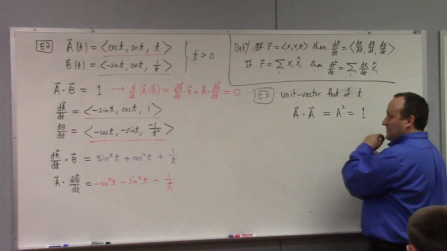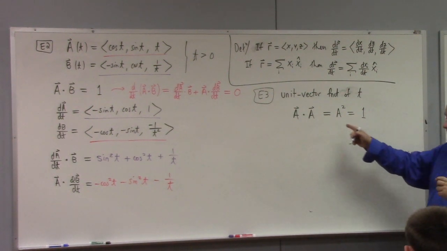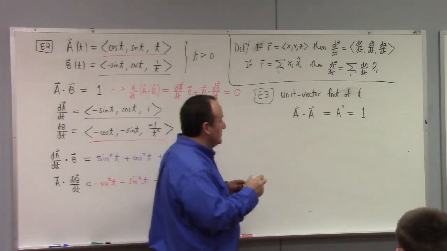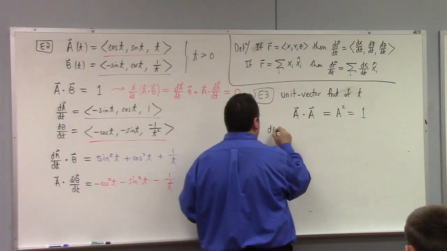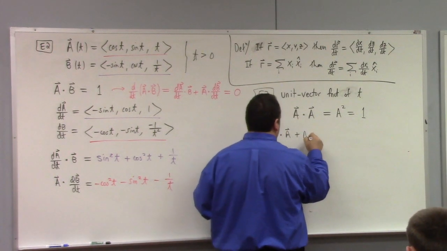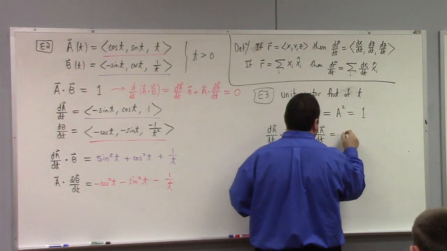I'm a unit vector function of time. Differentiate that. What does it tell you? Let's differentiate this using our newfound product rule for the dot product. We learn that dA/dt dot a plus a dot dA/dt is equal to d/dt of 1.